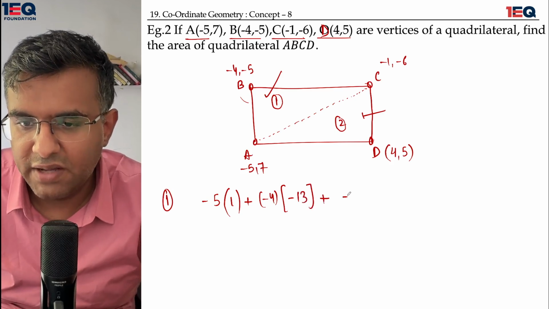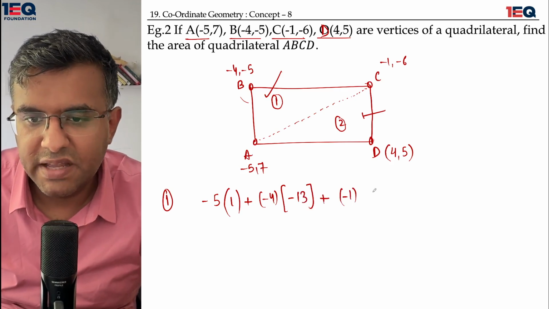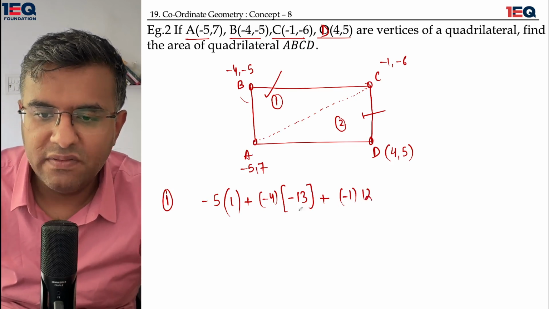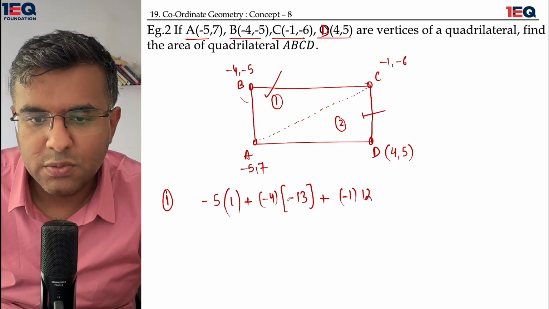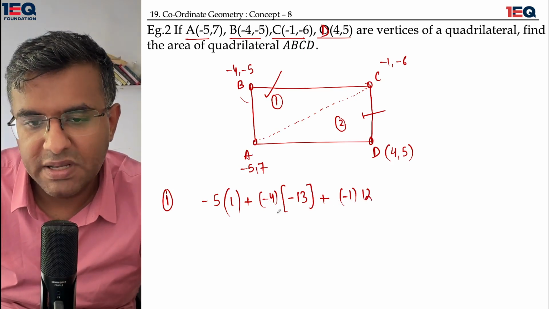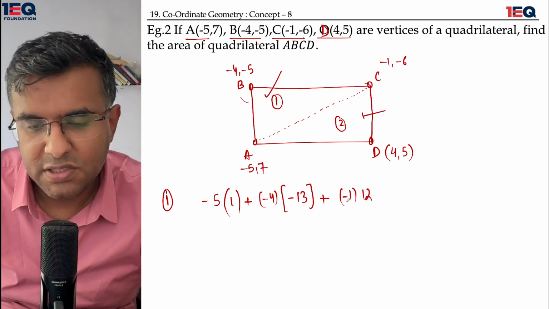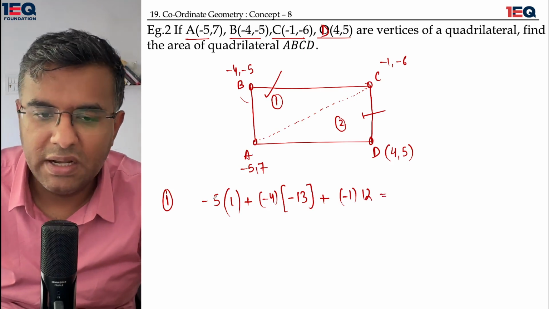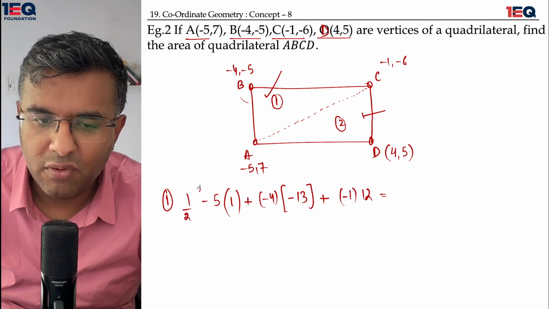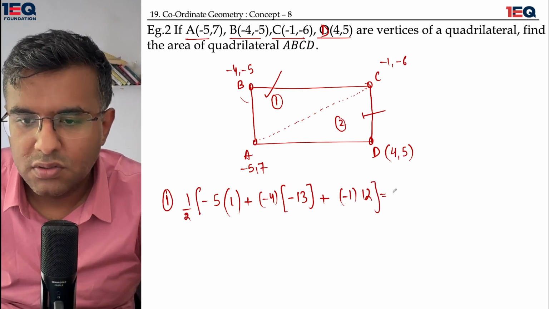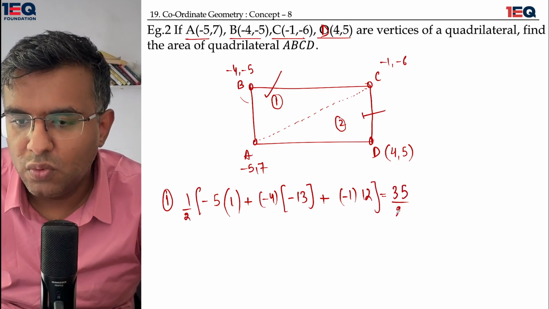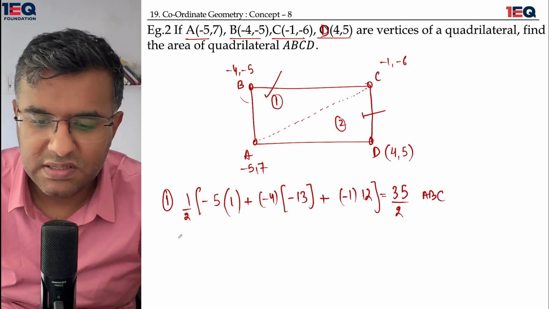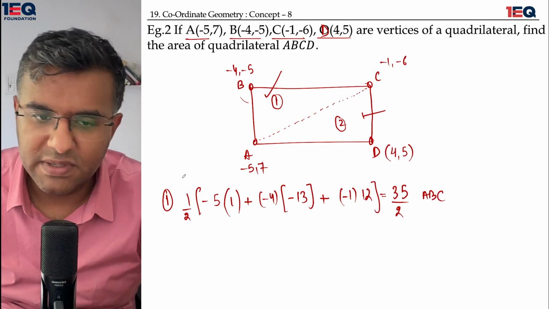Another plus, I would have a minus 1 over here, and 7 minus 5 is nothing but 12. So I have a minus 12. I have a plus 52. That makes it 40. Yeah, minus 12 and plus 52 make it 40, and 40 minus 5 makes it 35. So the entire thing would also have a half on the outside. So 35 by 2 is the area of the triangle ABC.